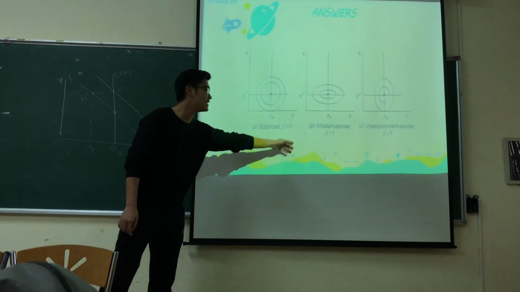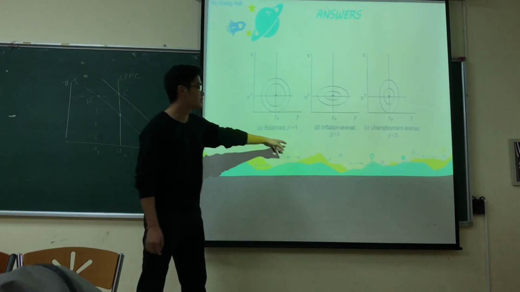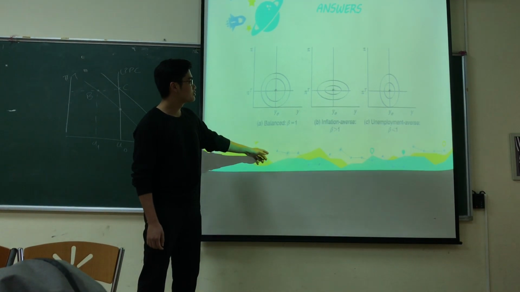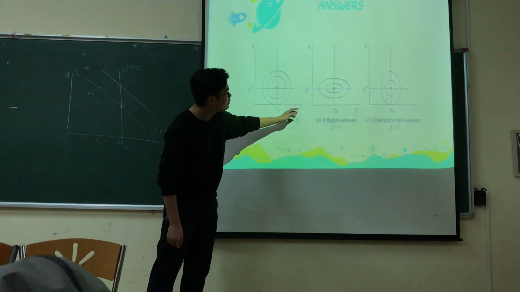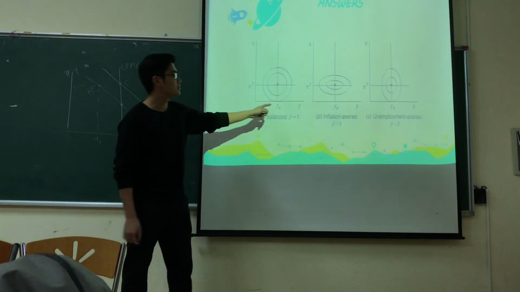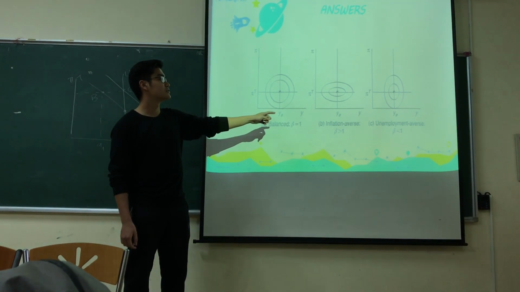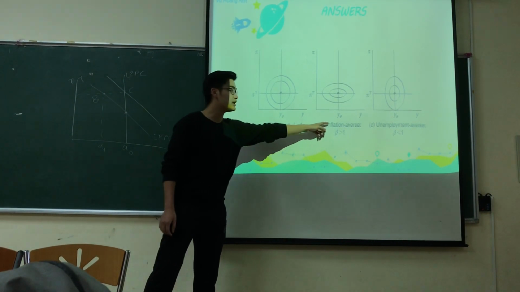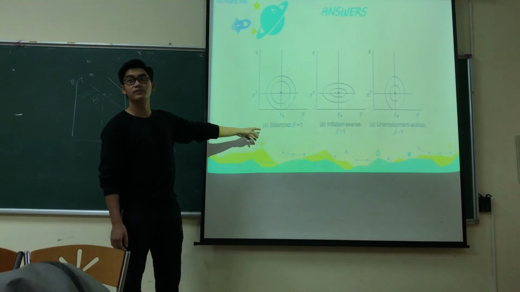And in the second case, when beta is greater than 1, which is inflation averse, the central bank should lower the inflation target to lower than 1%, and the equilibrium output should be lowered to nearly 2%.